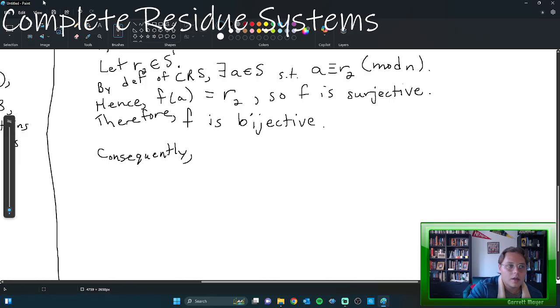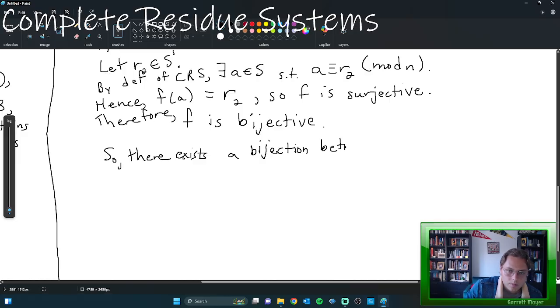Or I guess before that, let me just write it out explicitly. So there exists a bijection, it's F, between S and S prime.